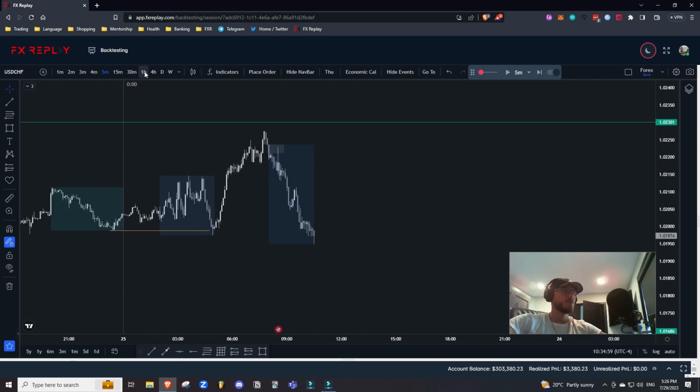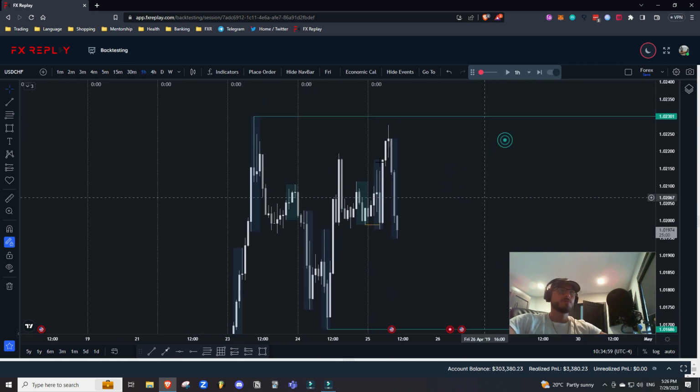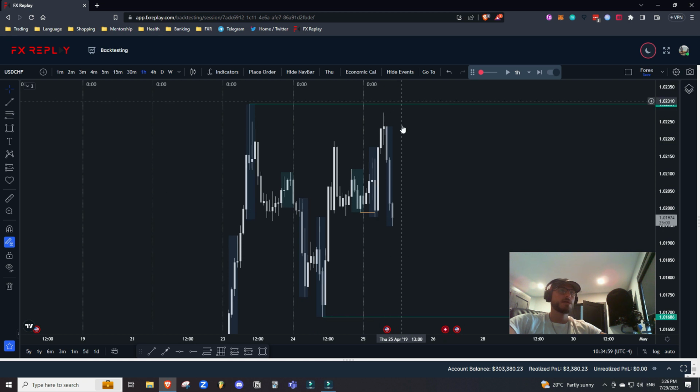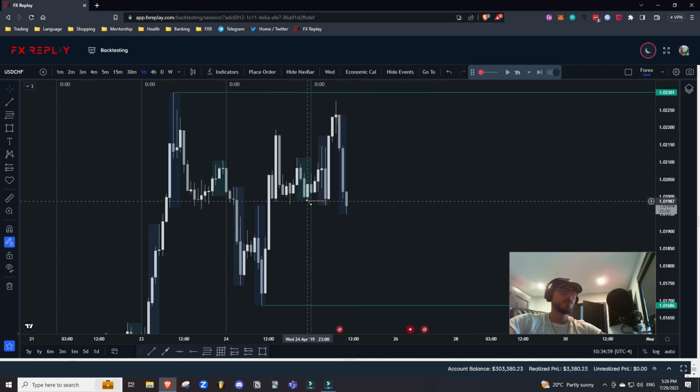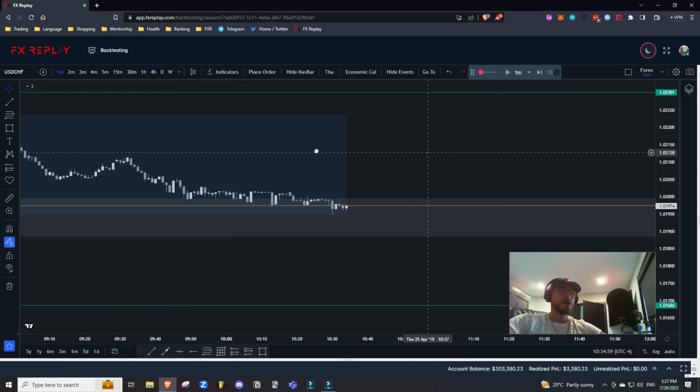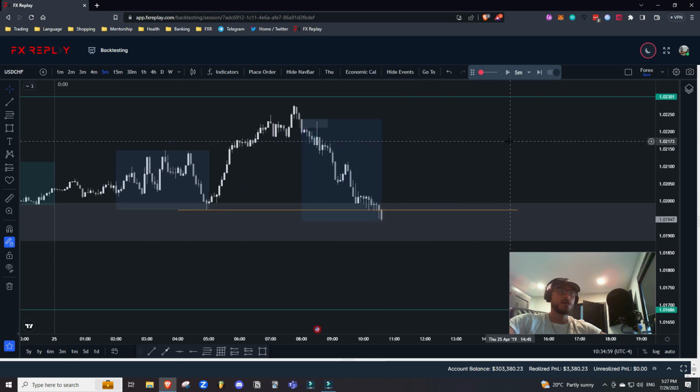Could have went for that short, but I definitely thought that we were going to be respecting this, taking out this high, and then any sort of coming down was going to happen. But now that we took out the London lows and we are in this fair value gap right here, this is where we can look for those longs back up into that high. So what I would look for is a change in state.